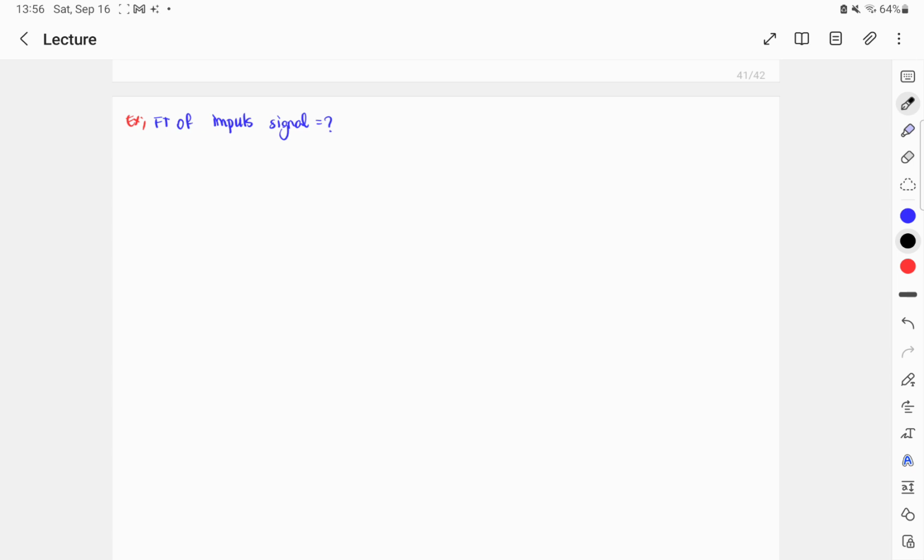It is less than infinity. So we are going to apply the formula. And then instead of x(t) here, we will write the delta function.